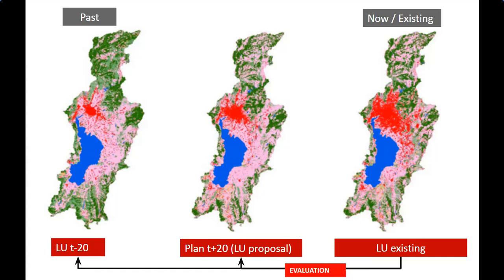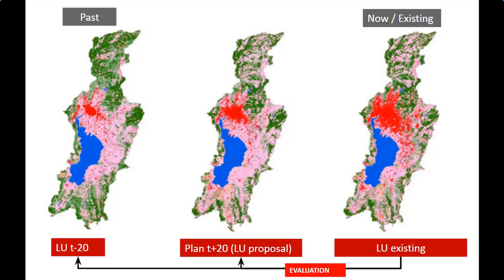We compare the existing land use with the existing land use 20 years ago, when we created the plan. Also, we compare the existing land use with the land use plan, or what we proposed to be realized in the next 20 years. So land use evaluation always compares at least two things: the existing land use and the planned land use, or the land use proposal.